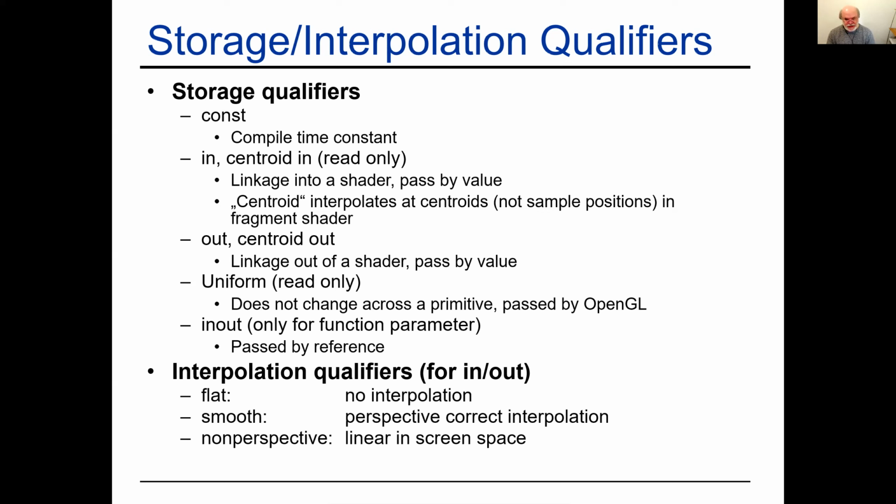There's flat, which means don't interpolate. Just output the data as it is, and for any primitive, if I remember correctly, it will take the data from the first vertex for all fragments that are generated from that primitive. Smooth is the perspectively correct interpolation, and noperspective is the linear interpolation in screen space. So essentially not dividing by W as we would otherwise have to do.